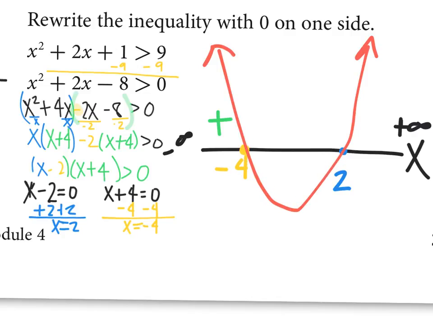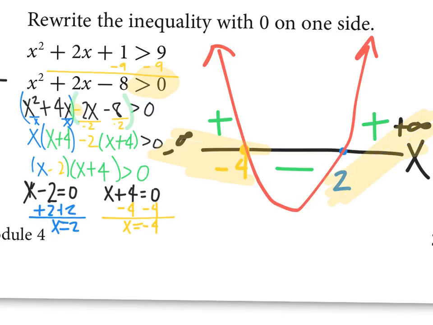It goes down below the x-axis, so it becomes negative. And then what happens after it gets to +2? It becomes positive. So if I am looking for where my graph is greater than 0, because that's what it asked for, then it is greater than 0 from -infinity to -4 and from +2 to +infinity.